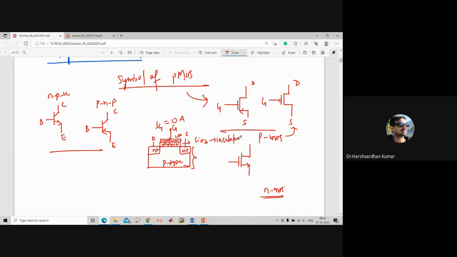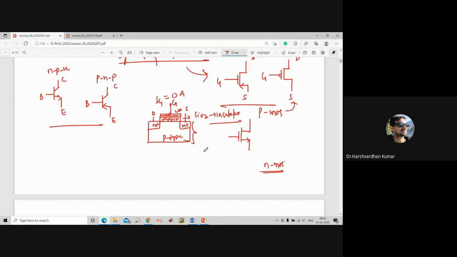So what is the definition of an insulator? Does an insulator have electrons and holes? Or can an insulator conduct electrical current? No, sir. Then how can you say that the current will flow from gate to source or gate to drain?